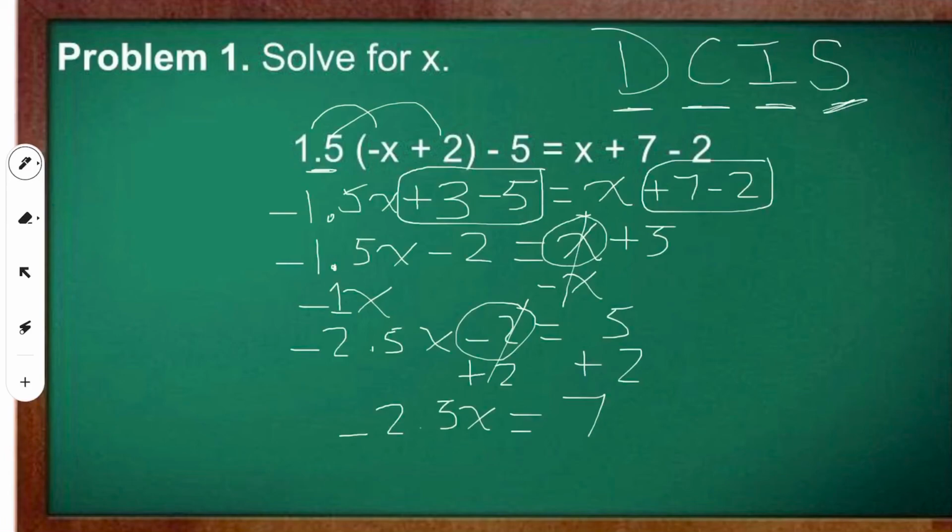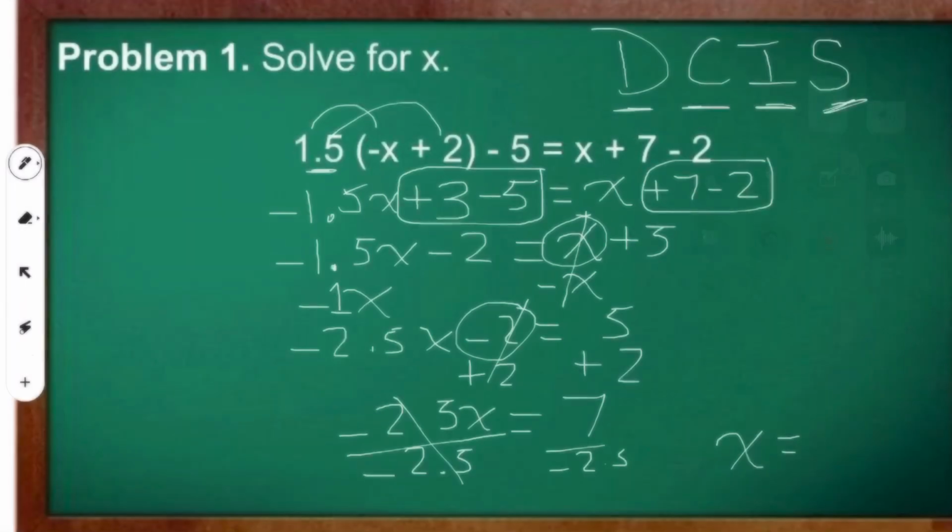So when I solve this, negative 2.5x equals 7. All I have to do is divide by my coefficient on both sides, so it's negative 2.5. Negative 2.5 cancels out, and I have x equals 7 divided by negative 2.5.